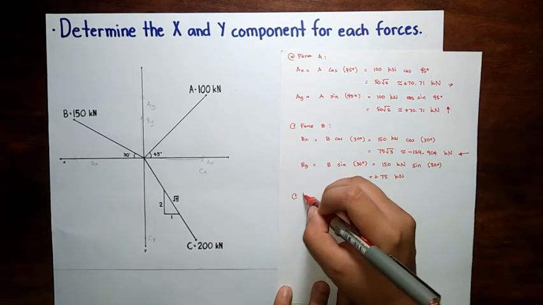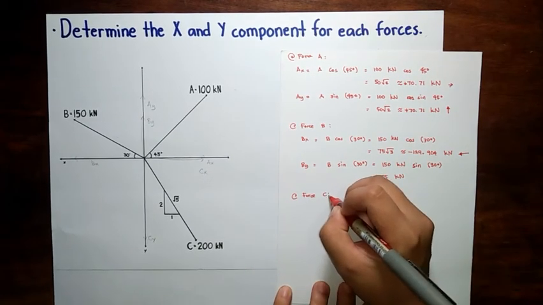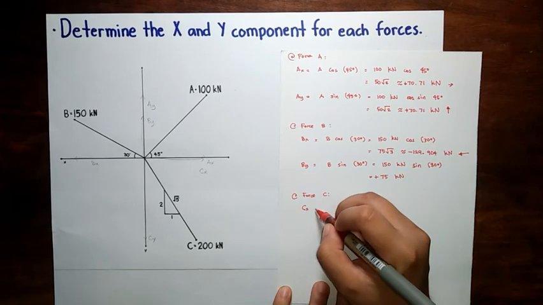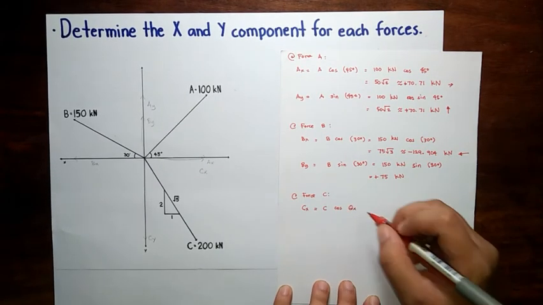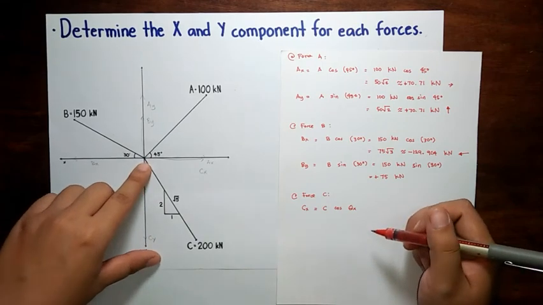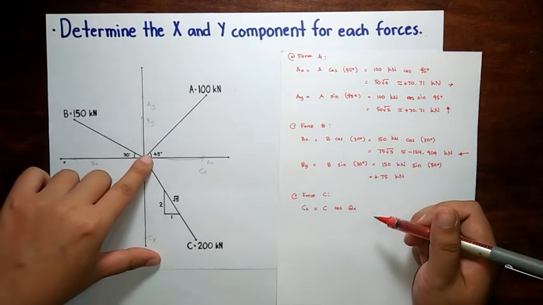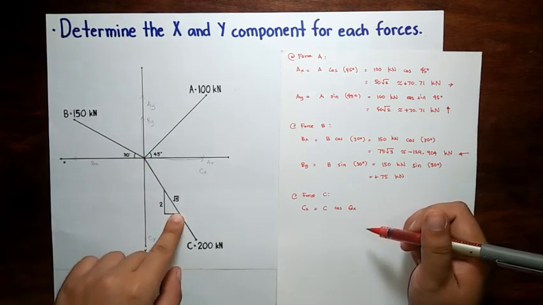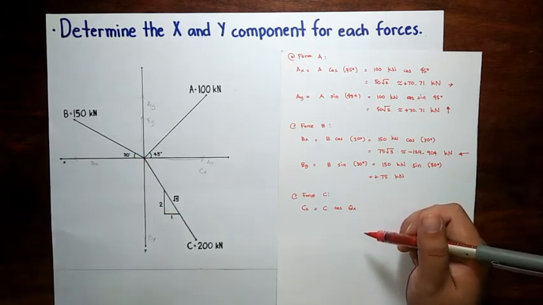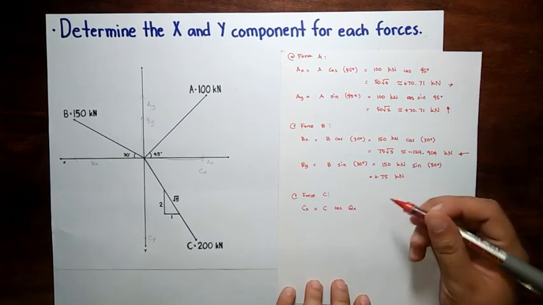And lastly, force C. So CX is equal to C cosine theta x. Theta x because we don't have the value of an angle, and let's assume that the angle here and the angle inside the triangle are equal because of opposite interior angles by geometry.